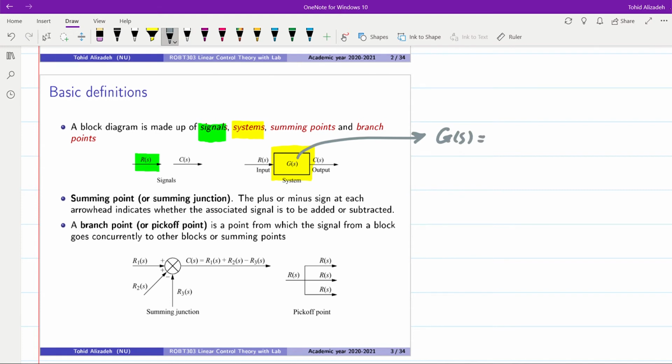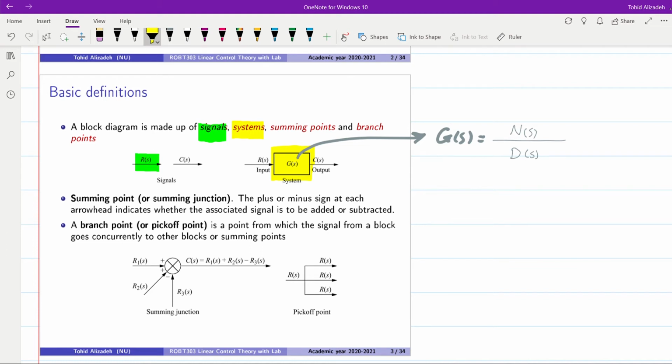in most cases is in the form of a transfer function with some polynomial as the numerator and some polynomial as the denominator. We will talk about this later, but for now, just keep in mind that G of S would be a transfer function.